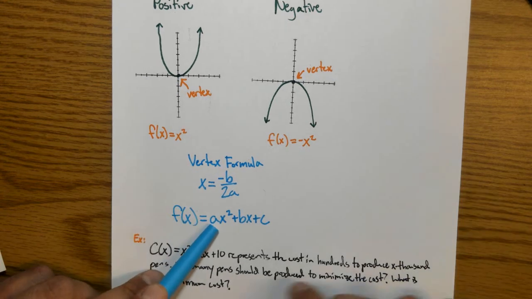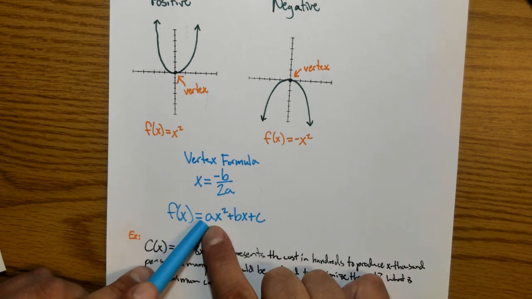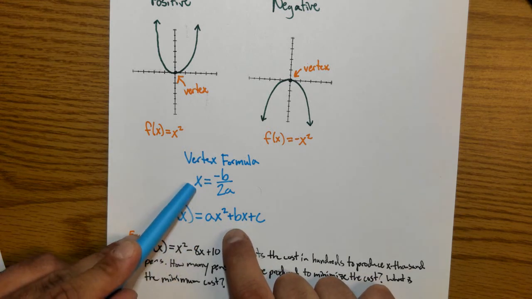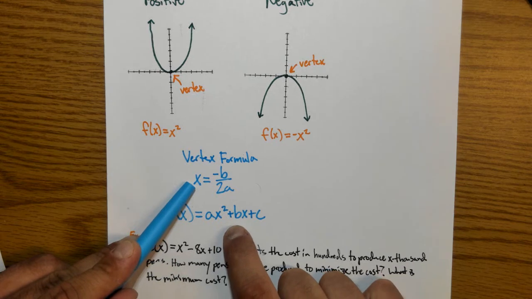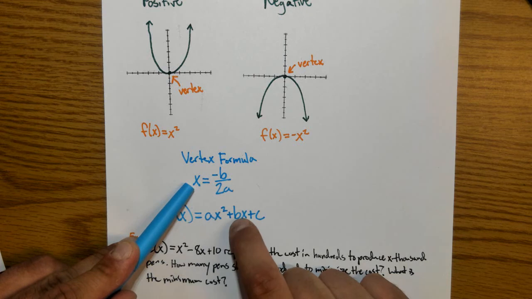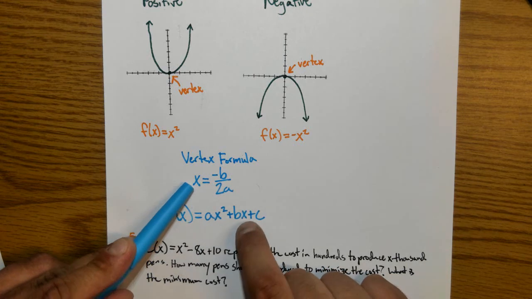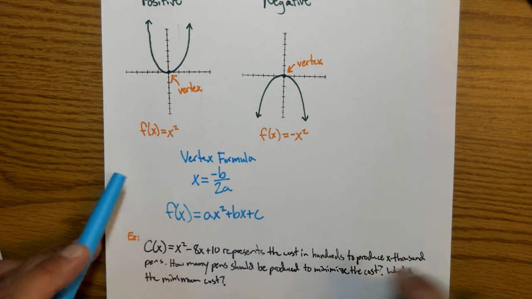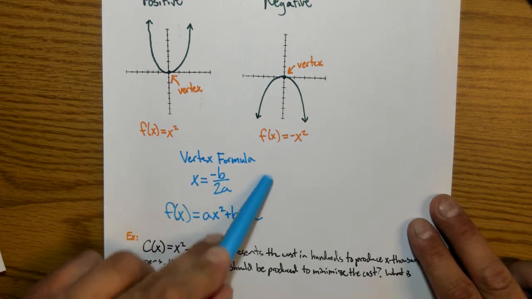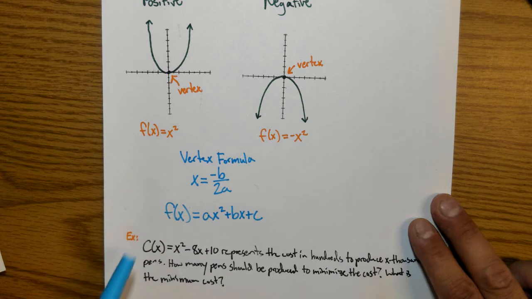When it's in this form, a is the coefficient of the x squared term, and b is the coefficient of the x term. That just gives us the x value of the vertex. If we wanted to find the y value of the vertex, we just plug in whatever we got back in for x and simplify. So today we're going to be talking about maximization and minimization, and we find that by using the vertex formula.